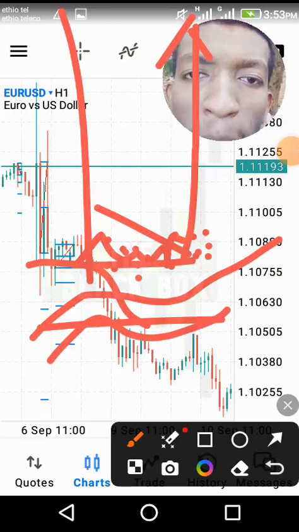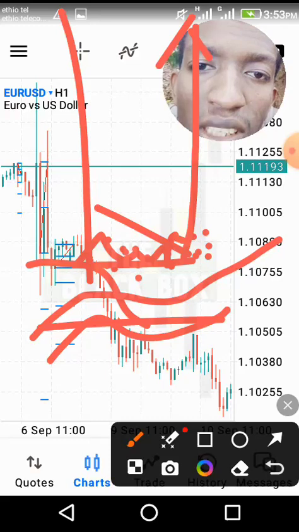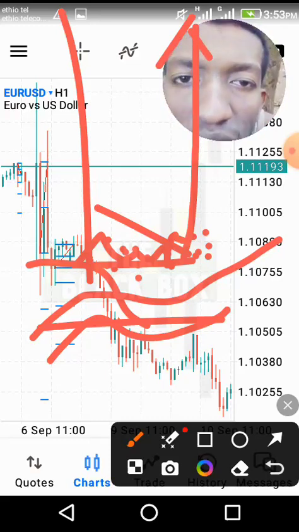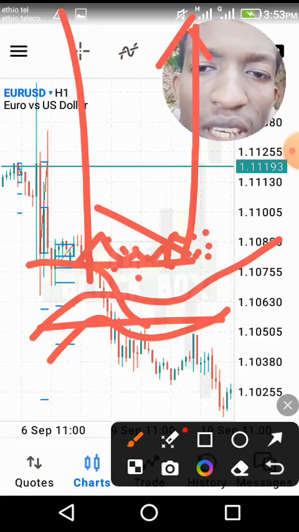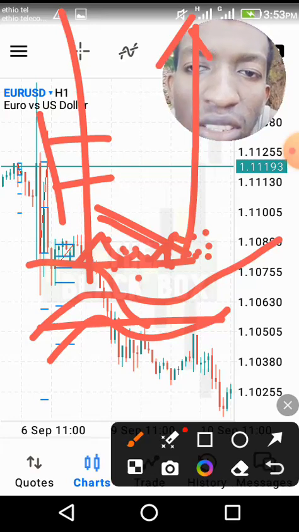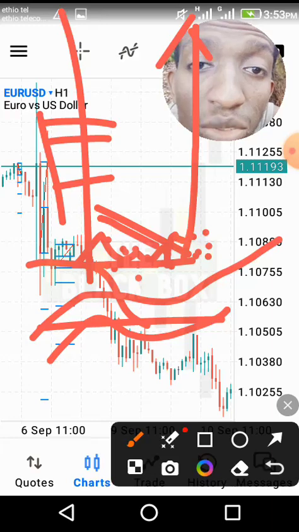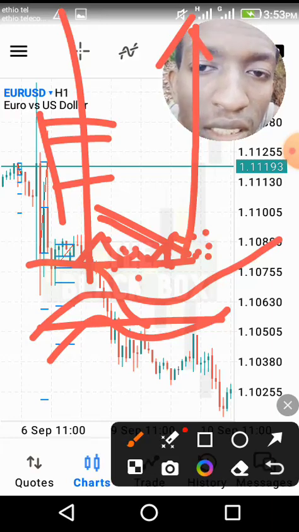So after finding this, I researched everything, including the wedges, the triangles, the flag pattern. The most appealing pattern that I found was the flag.